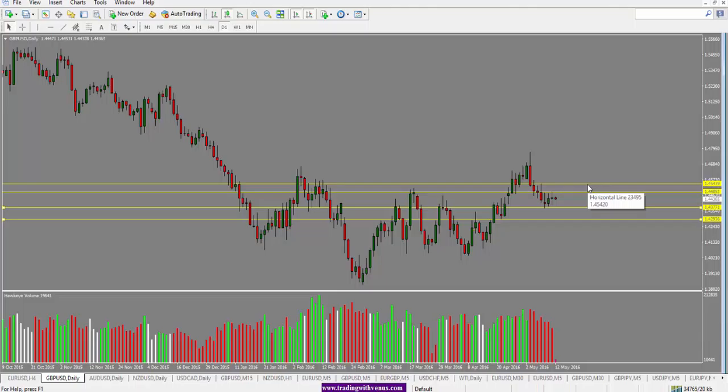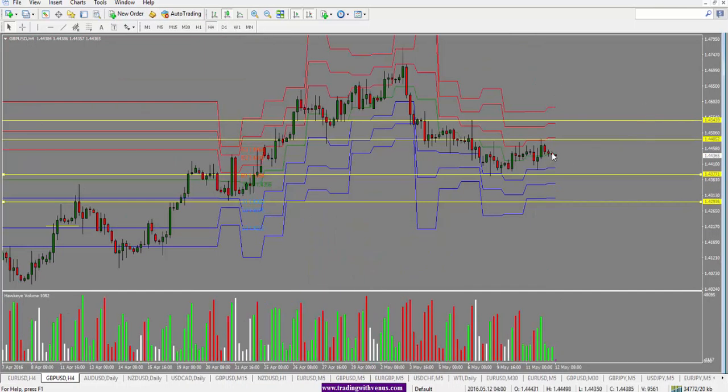So that remains to be seen after the news, but at this point, this is range bound and we will trade it as range bound as well. Looking at the 4-hour chart here, we see there's support and resistance here at the 1.4380 level. Expect the price to come back here and then push up, potentially back off of this bottom of the range, or it may go to the top and then sell off from there. Once the news comes out, we are looking for the price to move out of this range.